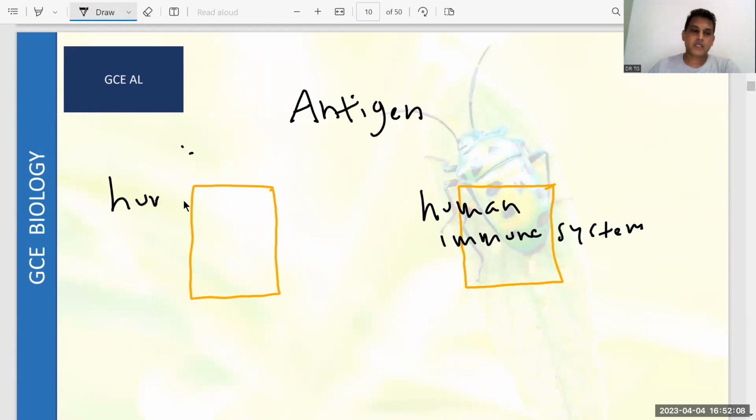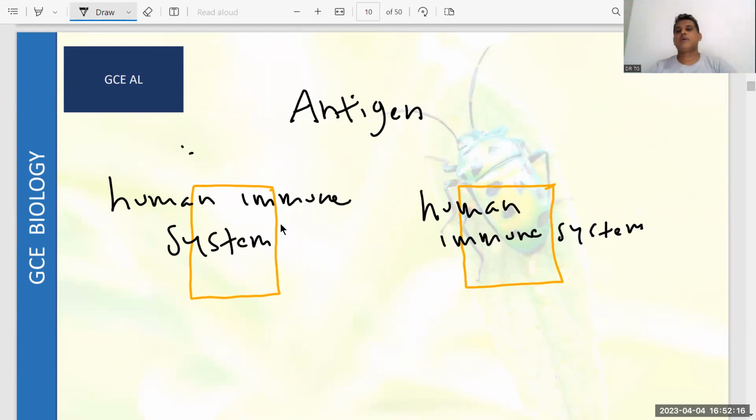Here, same thing, human immune system. Now, what is the function of the human immune system? The human immune system protects us from harmful things.